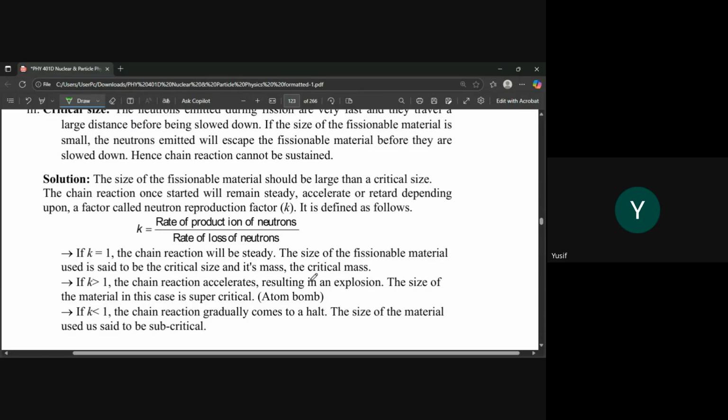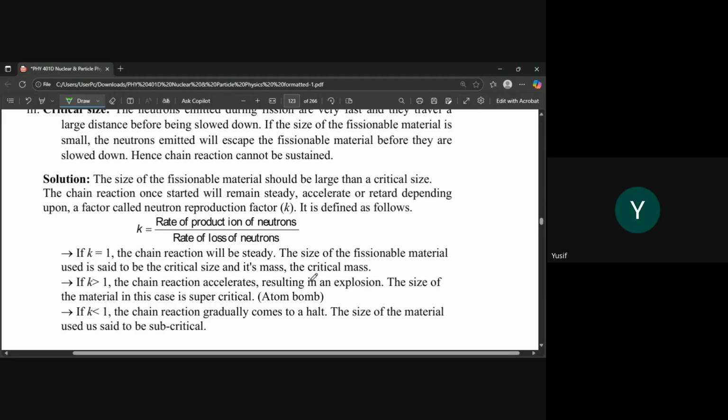Assuming the neutron generation reaction is 1:1, but in this case the reaction is increasing, the reproduction factor is higher. If it goes from 1:1 to, let's say, 1:20, at any given time it is just multiplying.